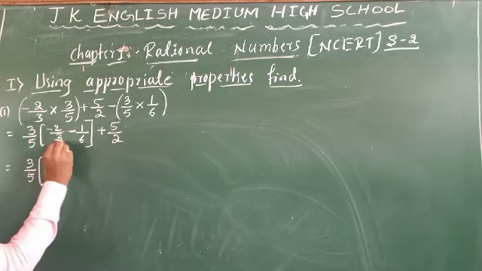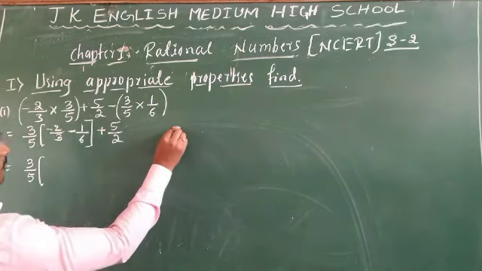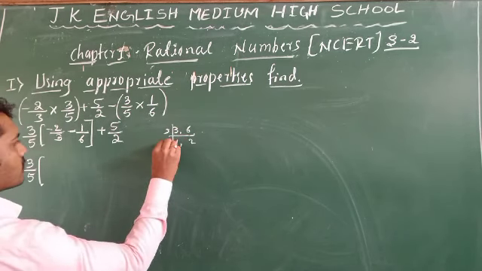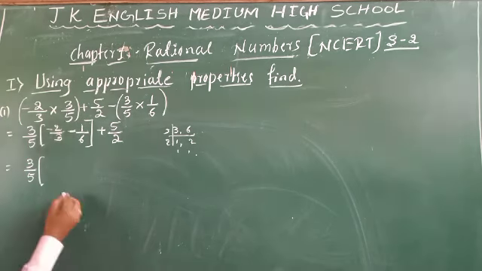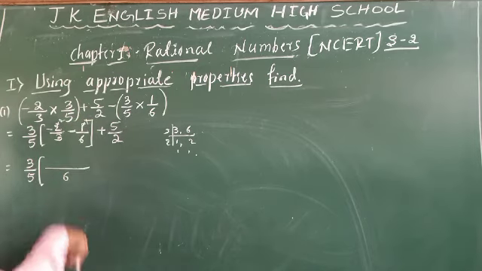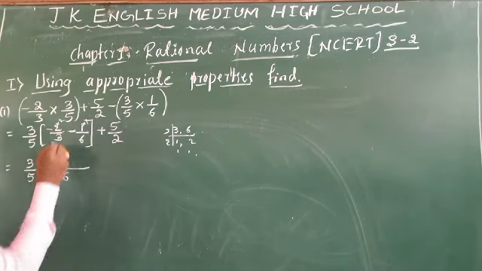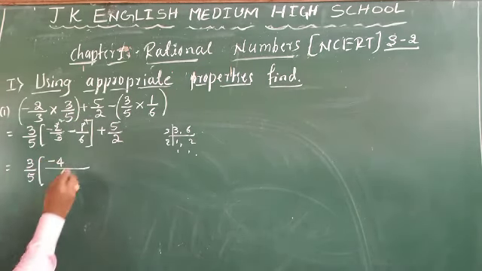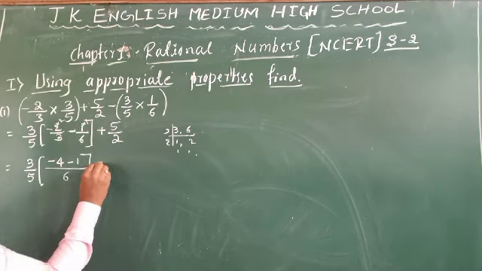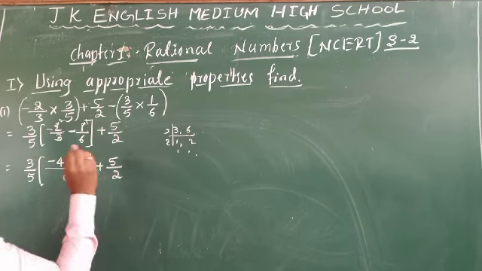Take the LCM of 3 and 6. 3 1s are 3, 3 2s are 6, so the LCM is 6. 3 2s are 6, 6 1s are 6, so 2 2s are 4 minus 1, and the remaining is 5 by 2.